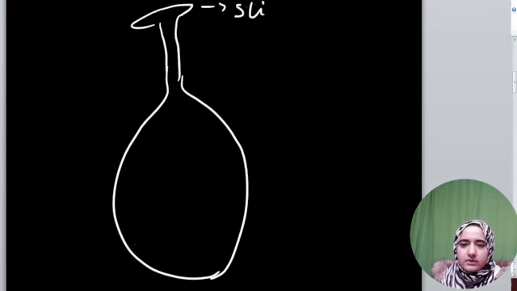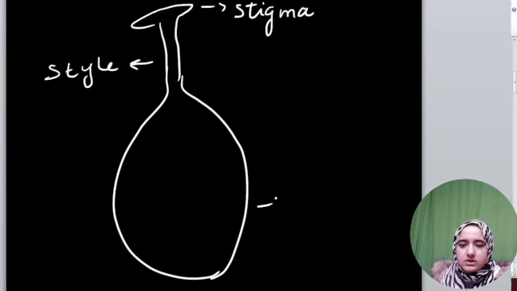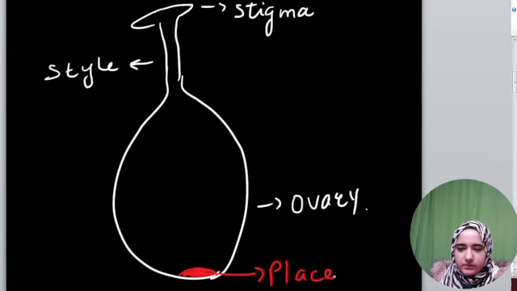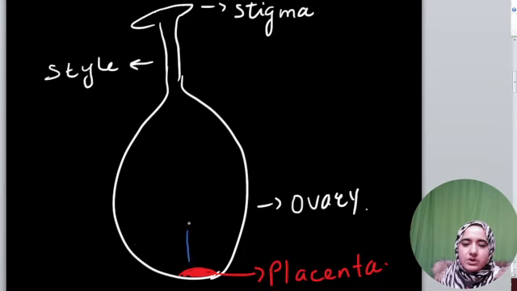This is stigma, this is style, this is ovary. Here inside ovary we have the ovarian cavity, locule. Here we have placenta. Arising from placenta we have a structure like this. This is known as funicle.